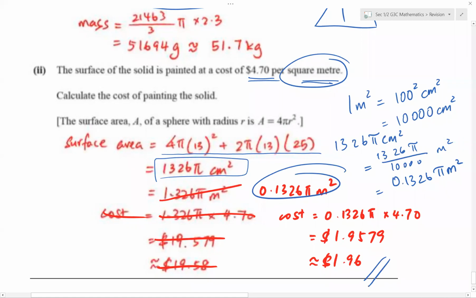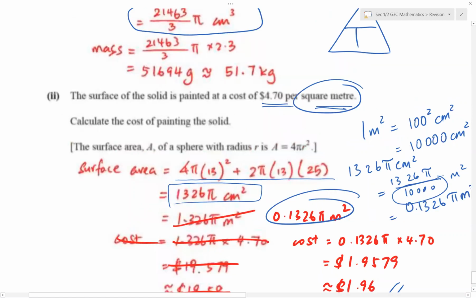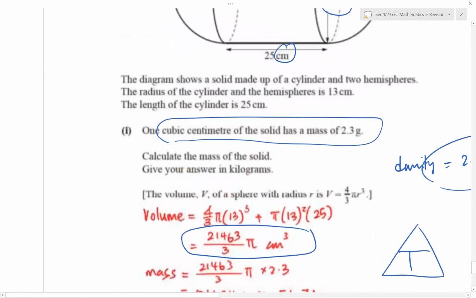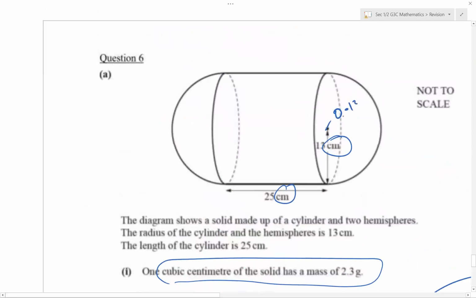Okay, so the test over here is to see whether you realize the units for the area based on the diagram will cause you to end up with square centimeters. Then you need to convert. The alternative, if you do not want to do this division by 10,000, is to straight away convert the 13 cm to 0.13 meters, and the 25 cm to 0.25 meters.